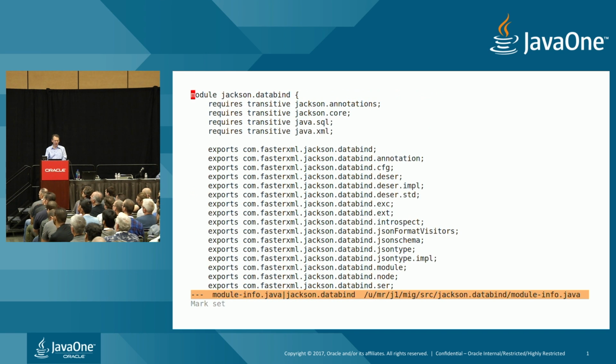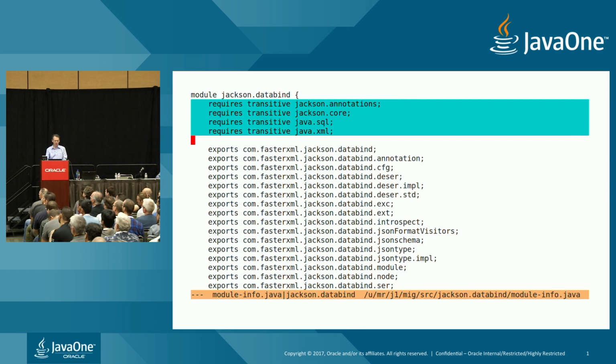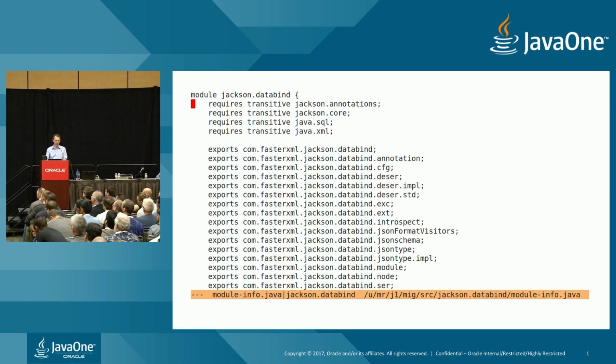So a couple of things here. One is we see it put requires in here, and in particular, it put in these requires transitive declarations. When one module requires another, that just means that the first module will be able to access the exported or open packages of that other module.